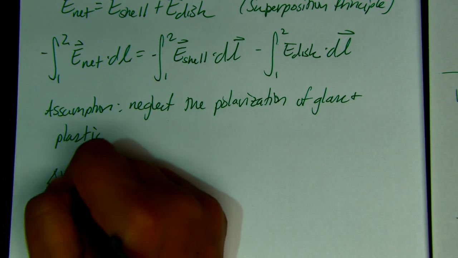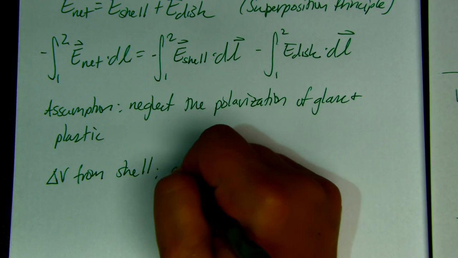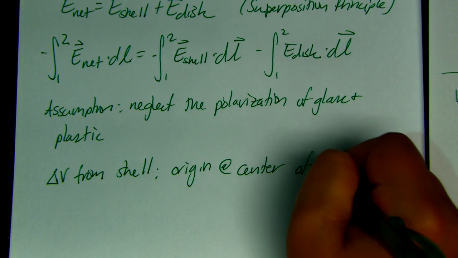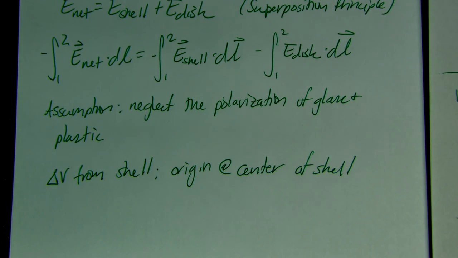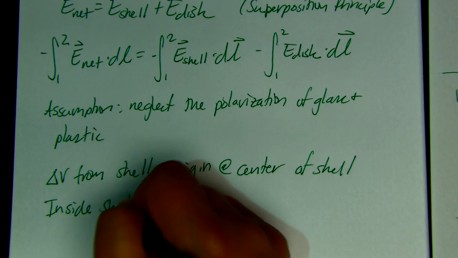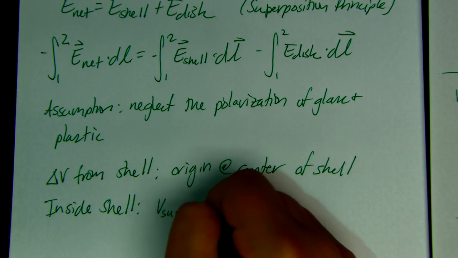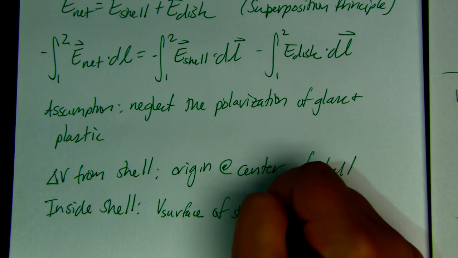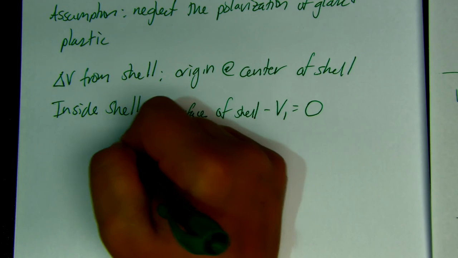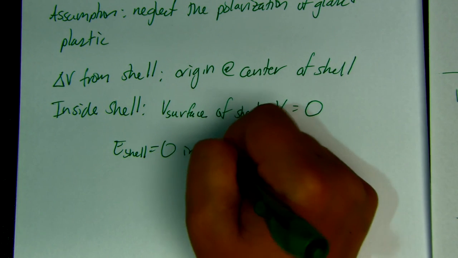All right, so delta V from the shell: the origin is at the center of the shell. Inside the shell, you will have V surface of shell minus V1 is equal to 0, and E shell is equal to 0 inside.